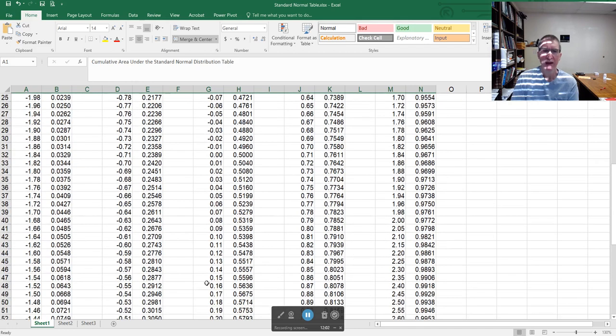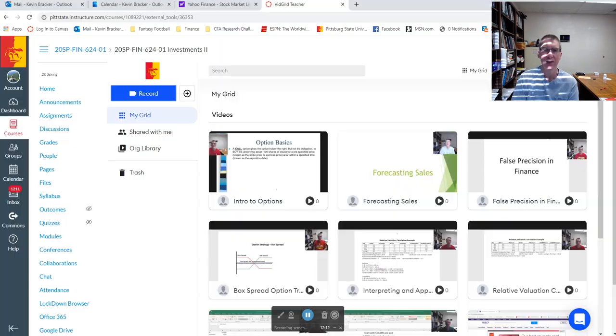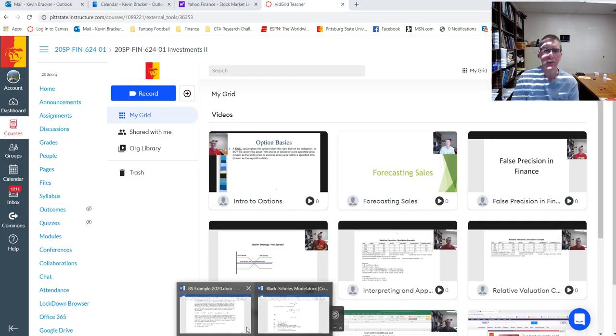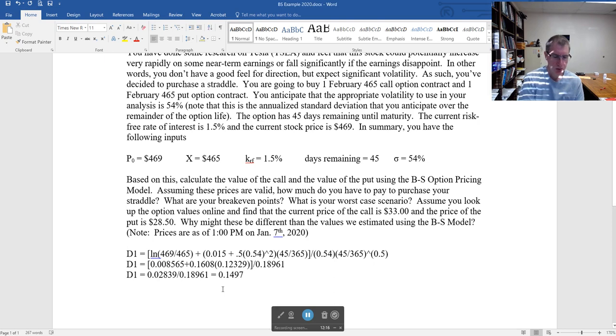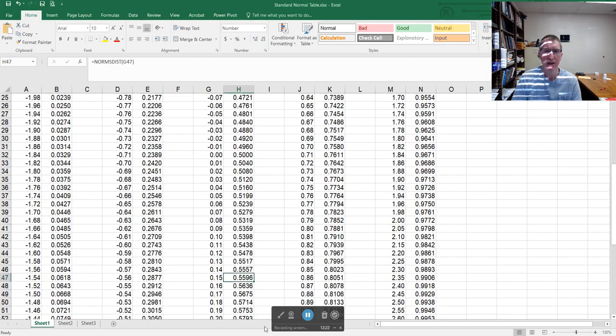So I want to find that on my normal distribution table. Here is the 0.15. The cumulative area under that is 0.5596. So ND1 is equal to 0.5596.